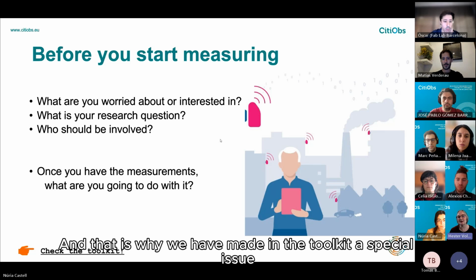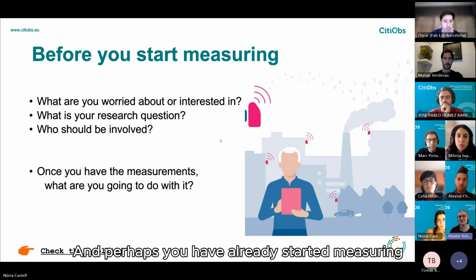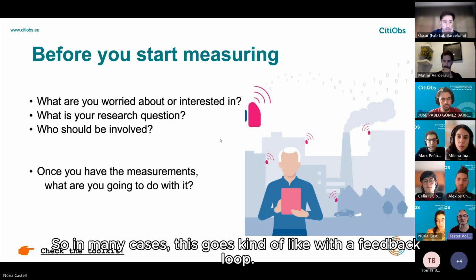And that is why we have made in the toolkit a special issue about what you should consider before you start measuring. And perhaps you have already started measuring and then realized that you should have thought about these things. So in many cases this goes with a kind of feedback loop.